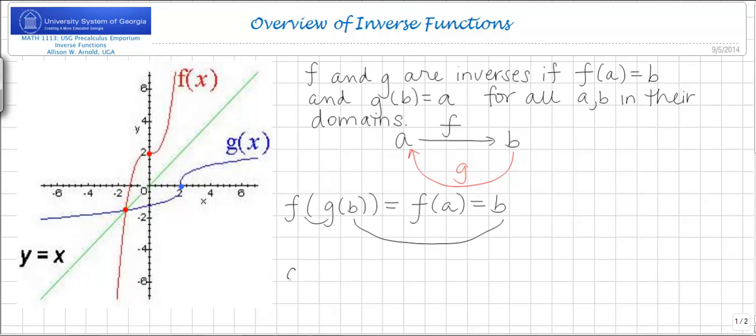Likewise, g of f of a would become g of the value b, which the function g in red takes b back to a, so yet again they undo each other.